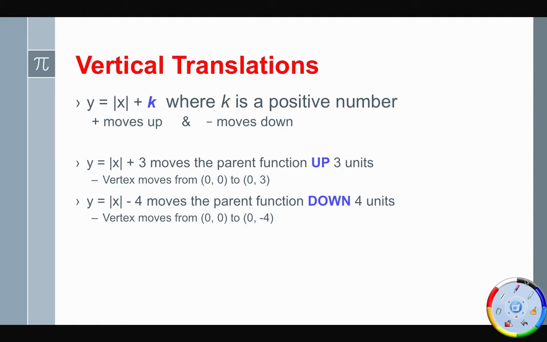And if I was to graph that very quickly for us, we have the absolute value of x, the parent function, and then we're going to move down 4 units, and we have our new translated graph that's been translated down 4 units.